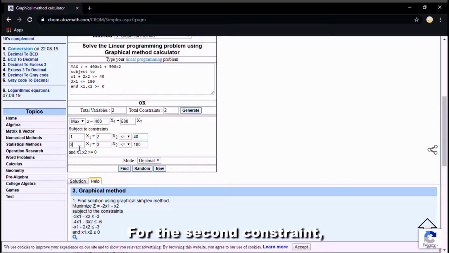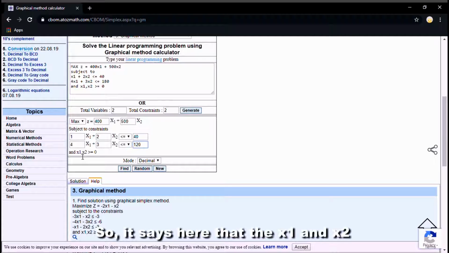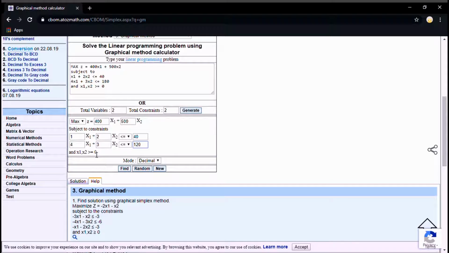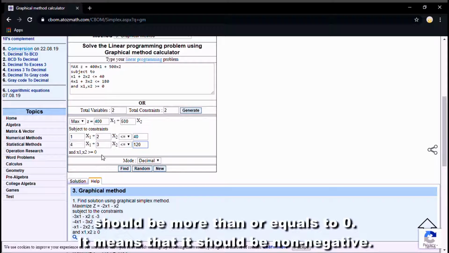For the second constraint, it is 4x1 plus 3x2 less than or equal to 120. It says here that x1 and x2 should be more than or equal to 0, which means they should be non-negative.